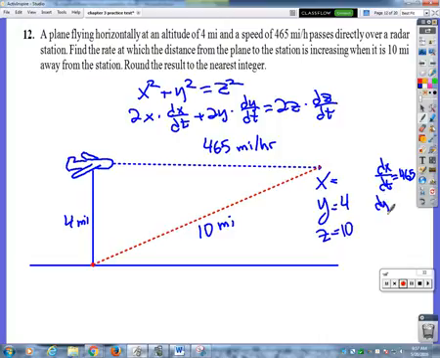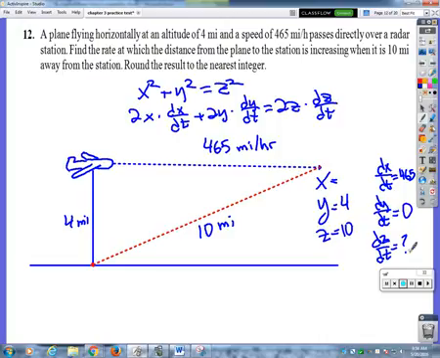What is dy/dt? What's the change in height divided by the change in time? Yes, it should be. So that means it's 0. And dz/dt is what we're trying to find.